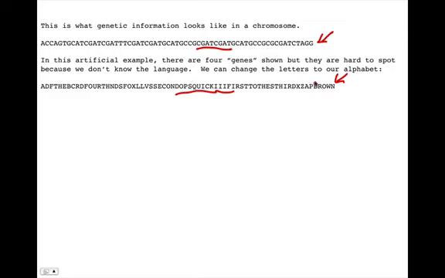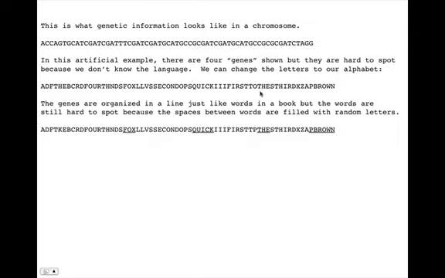There are no spaces in the DNA language in our genes. And so I've underlined here what that would look like. So imagine that a book doesn't have any spaces and the letters just are continuous, but only some of the letters are spelling out a word.